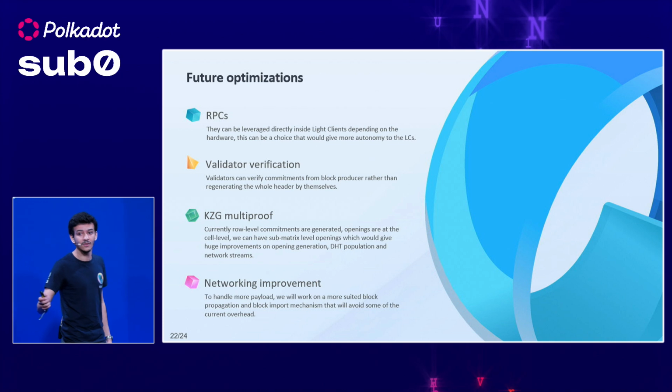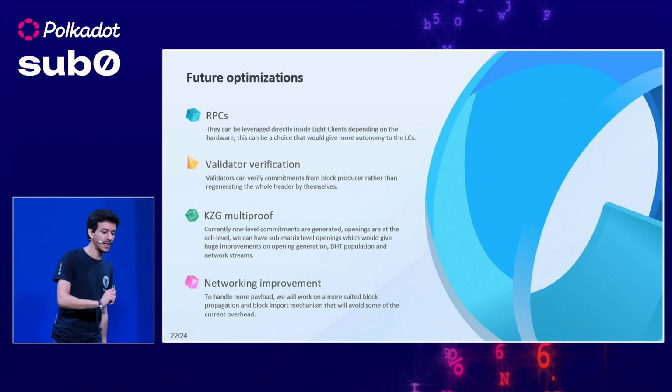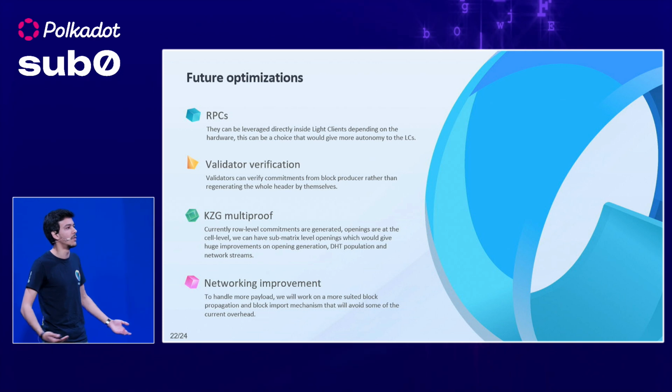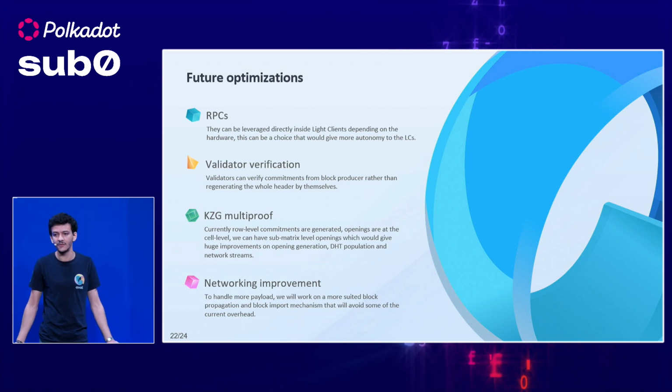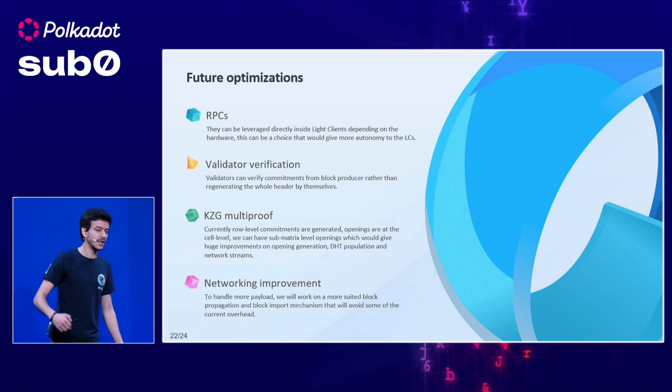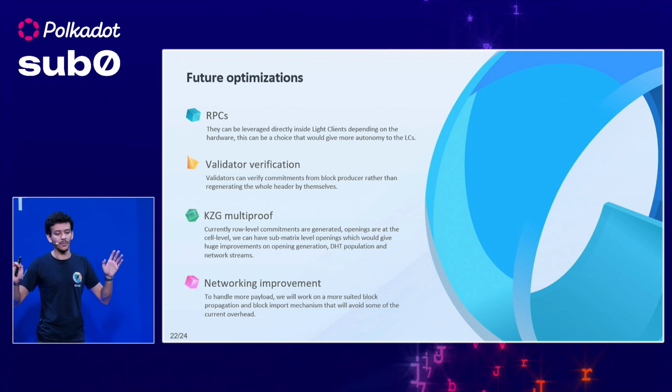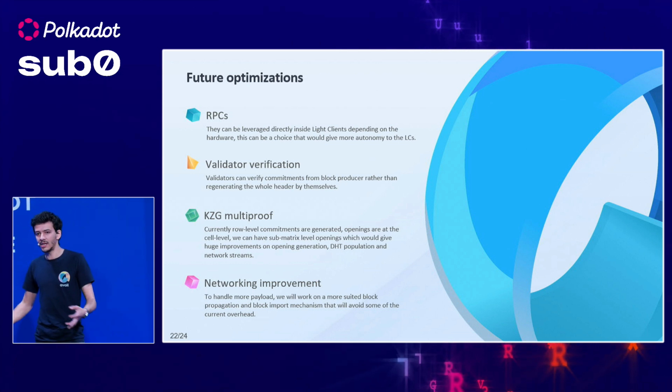Also, like I mentioned when I explained why we chose Substrate, there is the networking improvement. We really want to handle more and more payload over time. That's logical for a DA chain. The thing is, in the block propagation and block import mechanism, the block import mechanism is actually quite okay, but the propagation can be an issue.